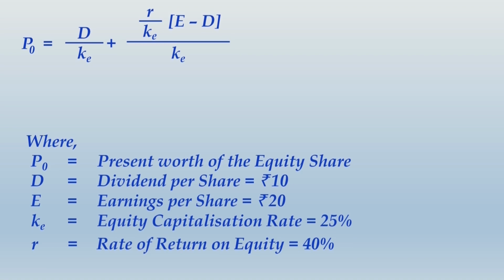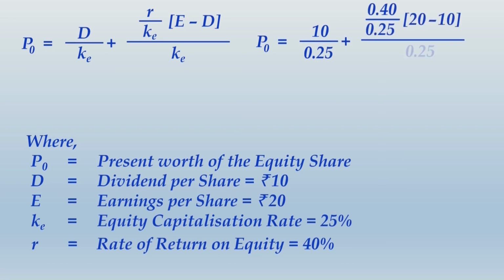When we substitute all these values in the formula, what we get is 10 divided by 0.25 plus, in the numerator of the second term, 0.4 by 0.25 into, within brackets, 20 minus 10, and whole upon 0.25.